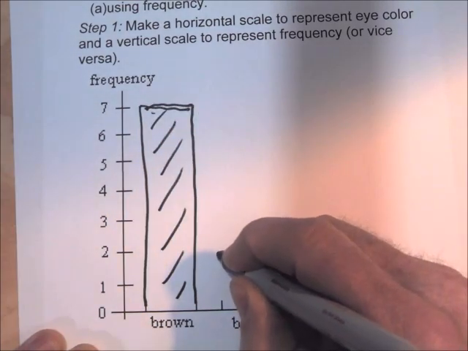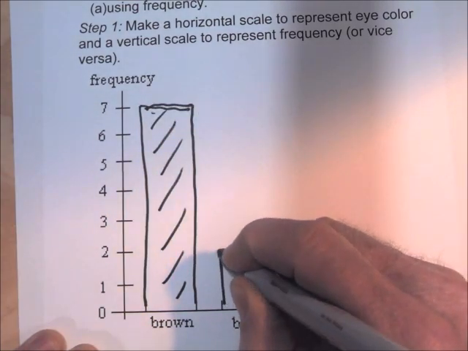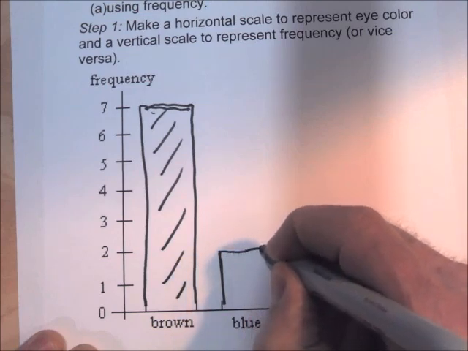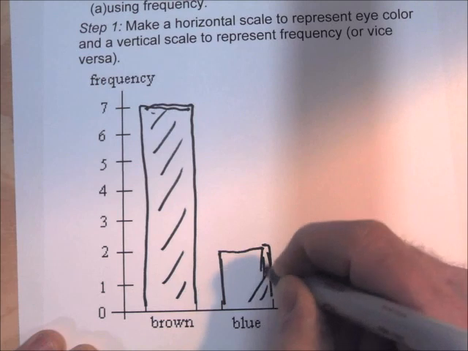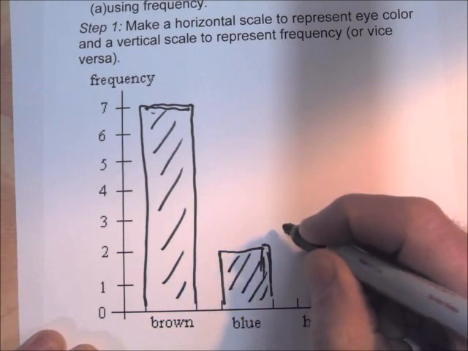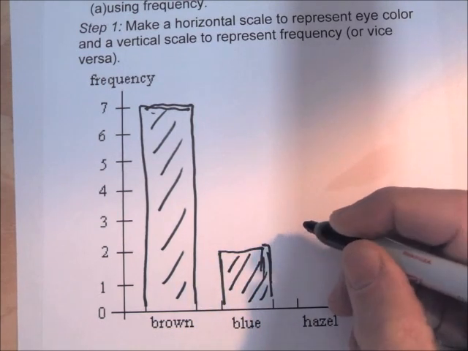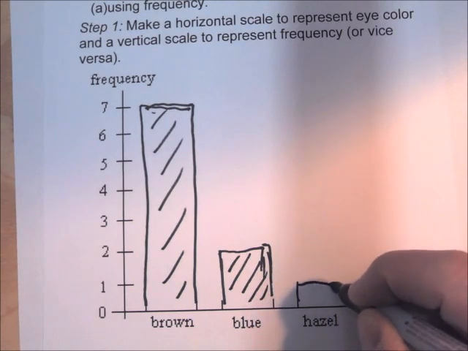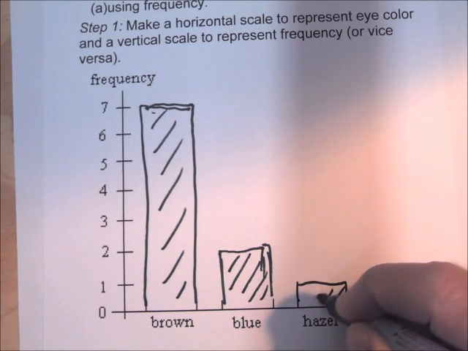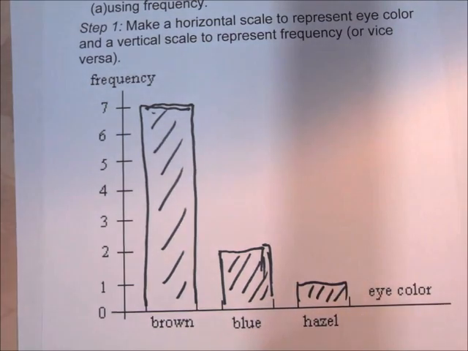For blue, it goes up to 2. And for hazel, the bar goes up to 1. Okay, so that's our bar graph.